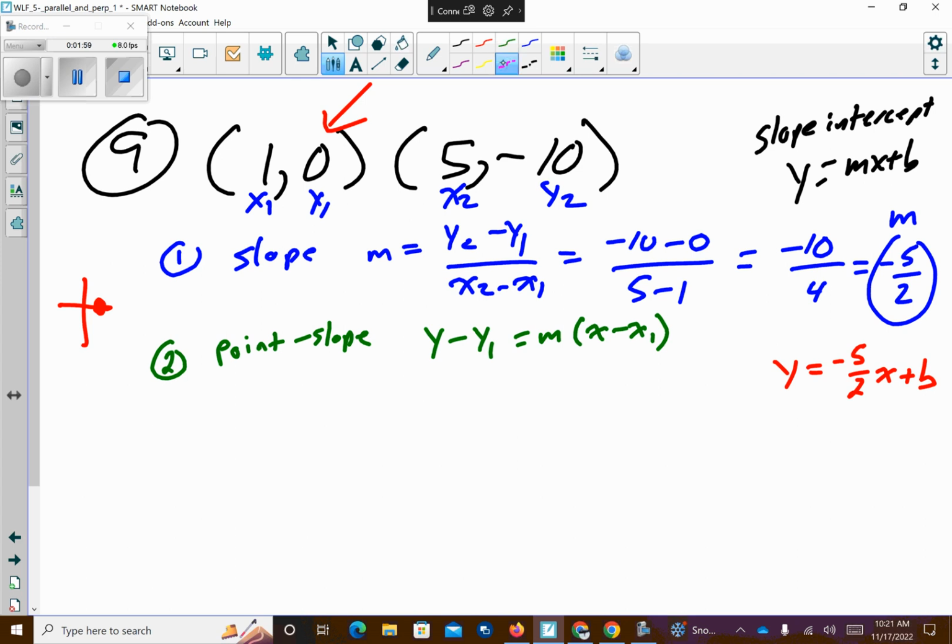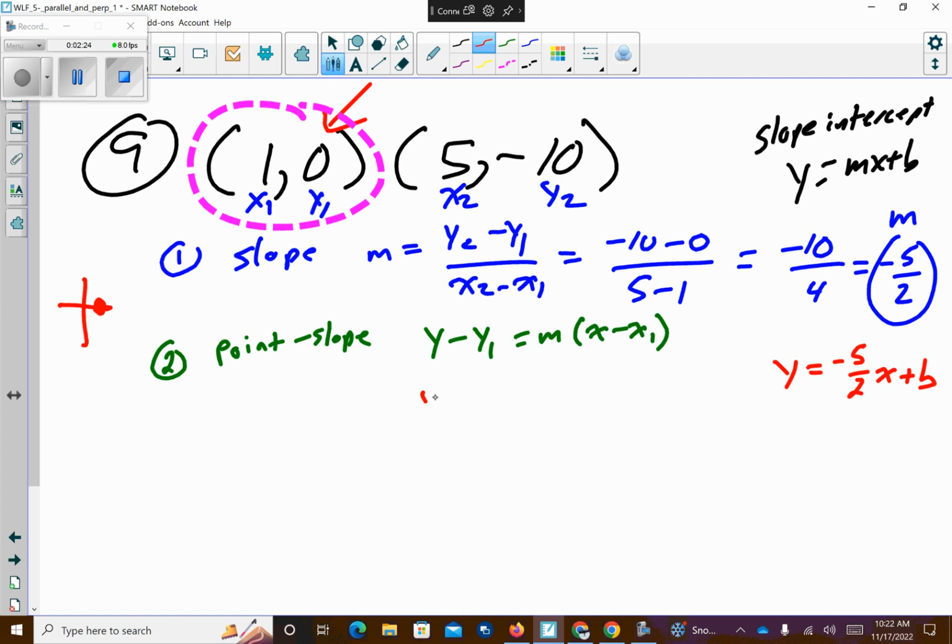If I'm going to plug into this, I have to pick one of those points to plug in. Friends, should I plug in 1 comma 0, or 5 comma negative 10? Both will get me the same answer, but which one looks easier? I like 1 comma 0. This is an easier point to plug in. If you chose the other one, your answer's still going to be the same.